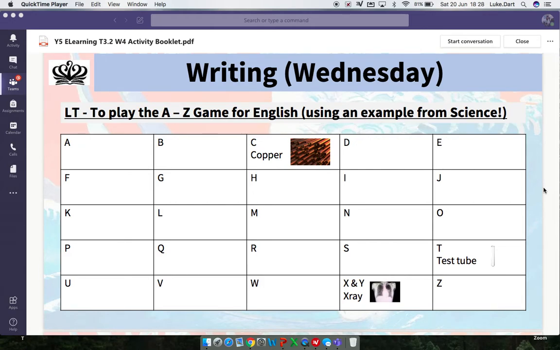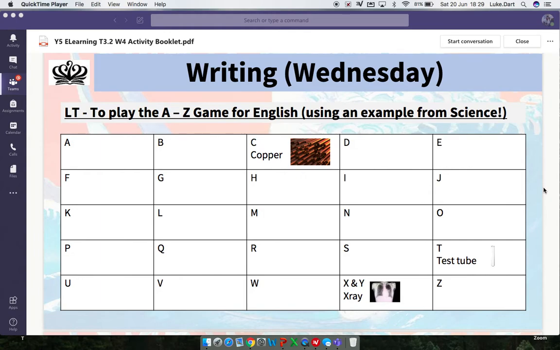That one's quite okay. You've then got under X and Y, X-ray. Now, X-rays is definitely something to do with science. As you can see on the little picture there, that's when you go into this special room and you put on this really heavy coat thing, and they take a picture of you and you can see all your bones and stuff on the inside of you with this special way of taking pictures.